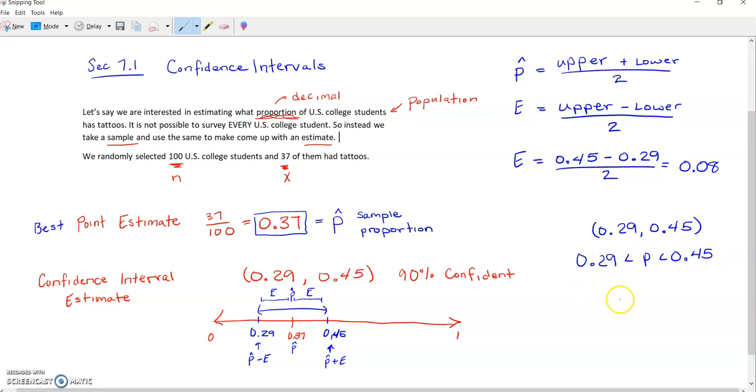And then the third way is writing it as our sample, 0.37 plus or minus our margin of error. So this is also stating the same interval. It's saying we estimate that our proportion of college students with tattoos is 0.37, give or take 0.08, like plus or minus this amount of error.